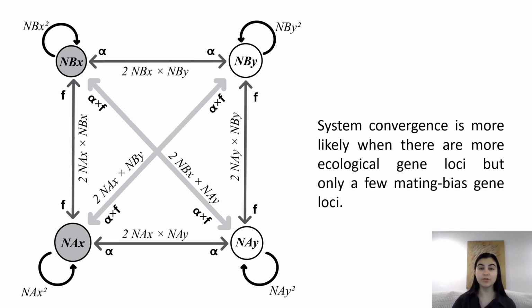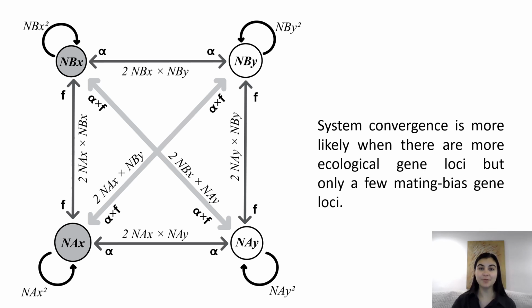Therefore, the more gene loci present, the lower the value of variable F. In contrast, system convergence is more likely when there are few mating bias gene loci present due to the possibility of mating by all individuals within the same niche. The fewer mating bias gene loci results in fewer hybrids produced and stronger reproductive isolation.